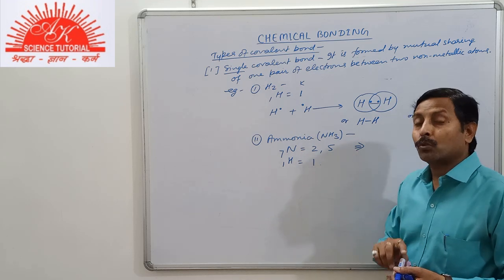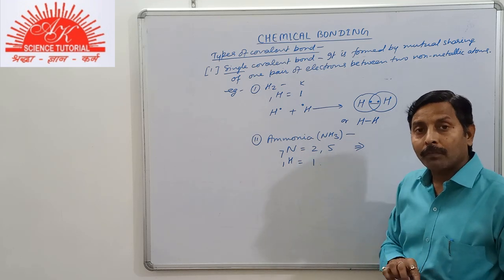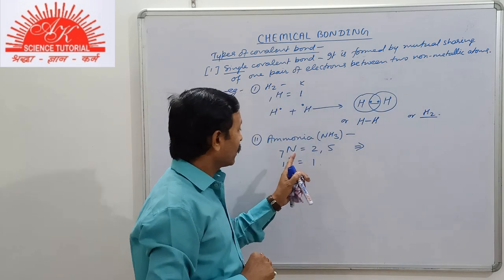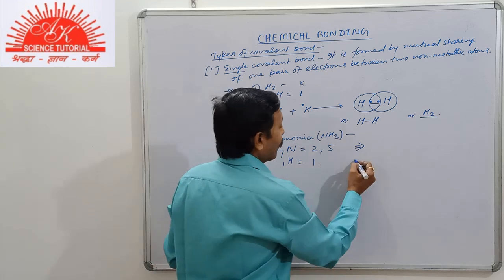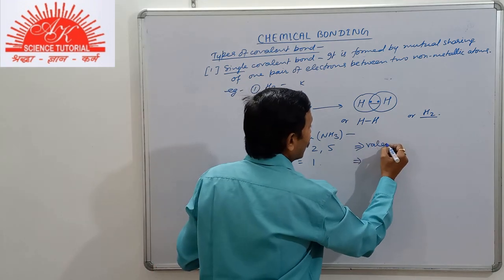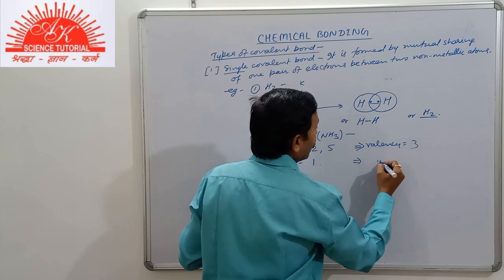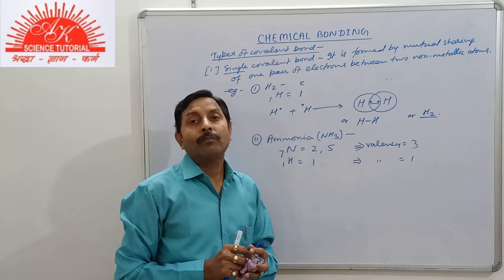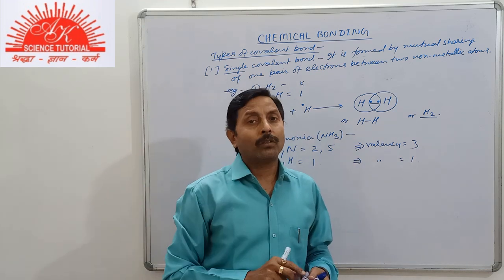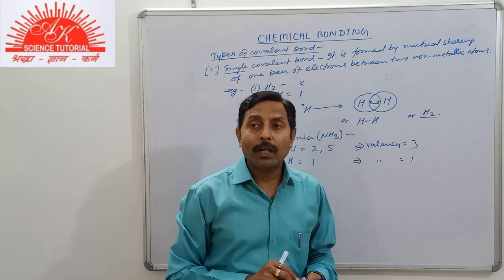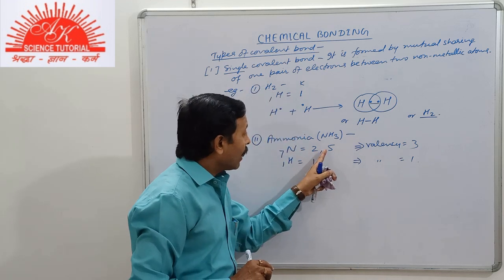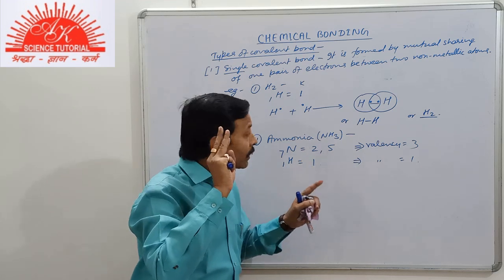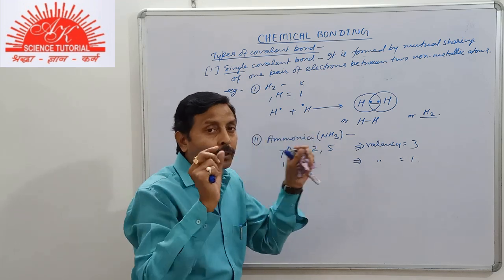The valence shell should have 8 electrons in order to become stable. It requires 3 electrons. But hydrogen has a valency of 1. Here nitrogen has a valency of 3 and hydrogen has a valency of 1. That is, one hydrogen atom can share only 1 electron. So what will happen? In that case, a nitrogen atom will share its 3 electrons with 3 hydrogen atoms.